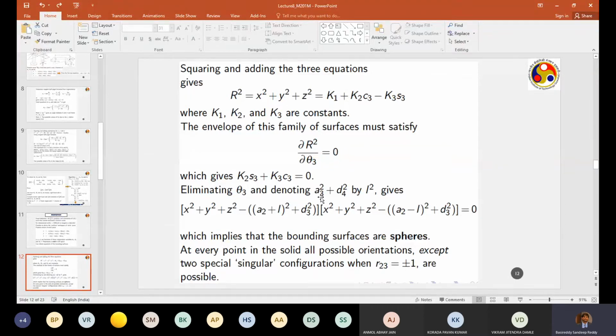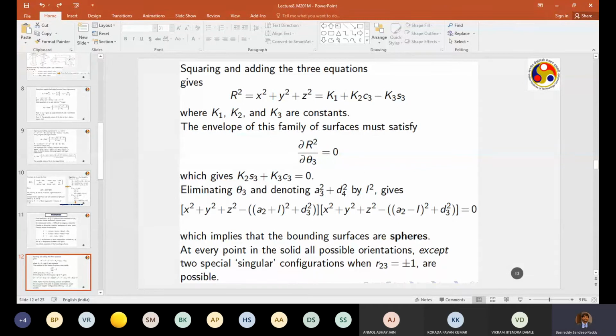Now in that, when you denote a3 square plus d4 square by L square and you try to eliminate this theta 3, then you get this kind of expression, x square plus y square plus z square minus this equals 0. Now this is of course the equation of a sphere, which means that the bounding surfaces are all spheres.